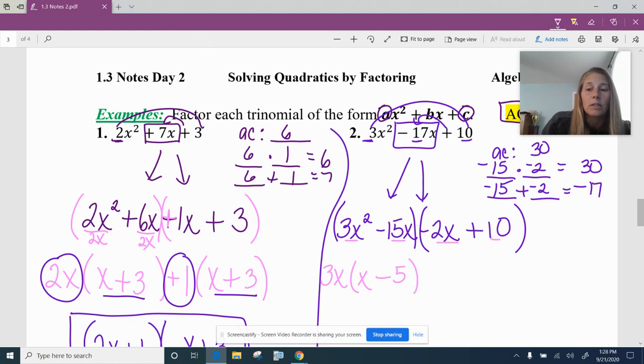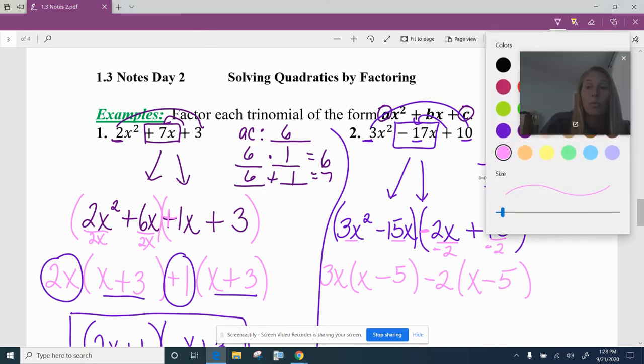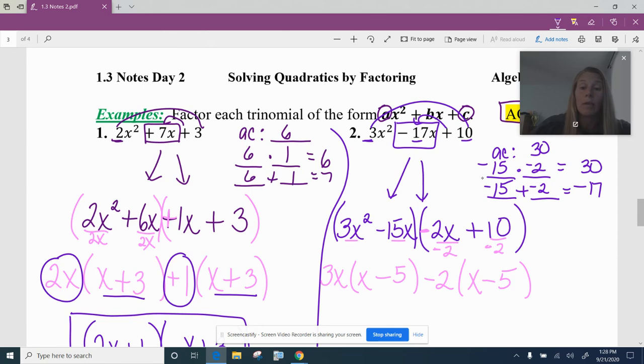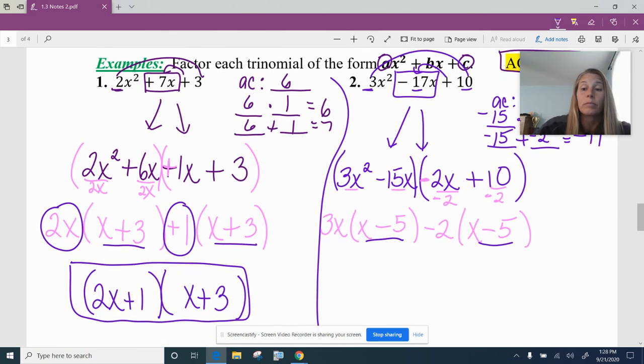Then on the second 2, I can see they're both divisible by 2, but I have to take out a negative on that GCF because there's a negative in my problem. So when I divide each of these by negative 2, I'm going to get x minus 5. And that's great because we want it to be the same thing in these 2 parentheses to tell us that we're doing it correctly.